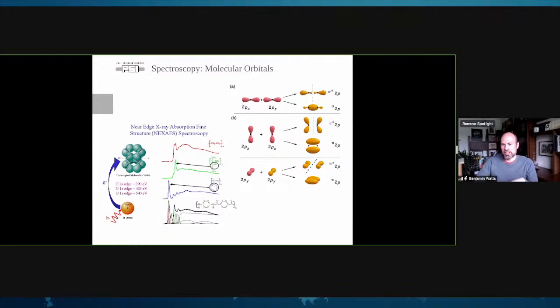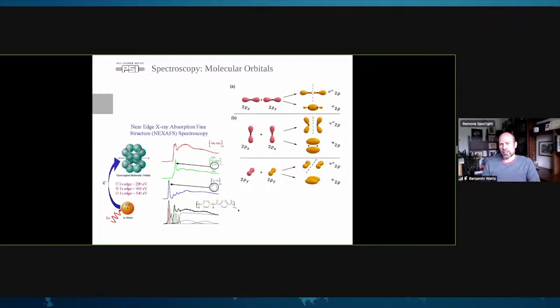So for carbon, these are the 2p electrons that do this. And so we get the sigma type bonding state and a corresponding sigma star antibonding state. And in the pi orbitals, we get the pi bonding states and then the pi star antibonding states.